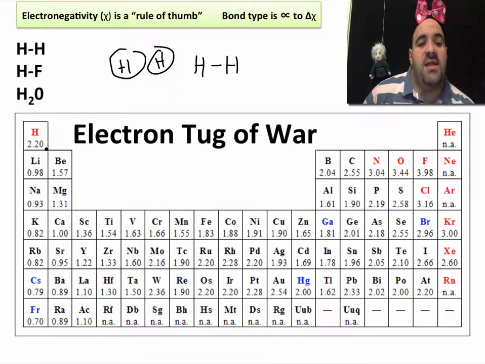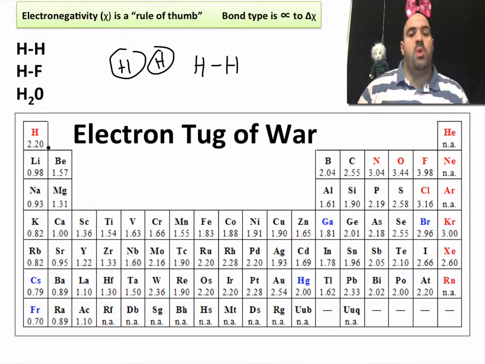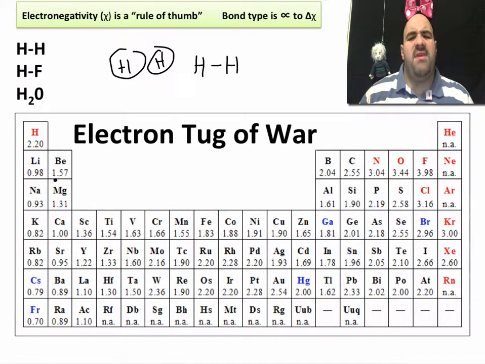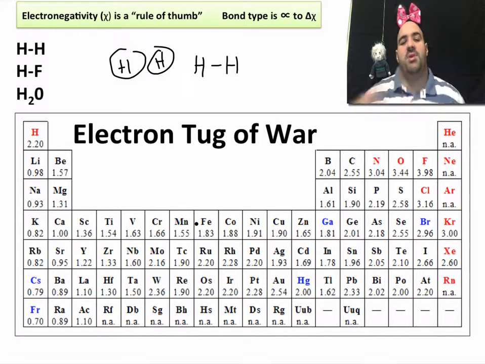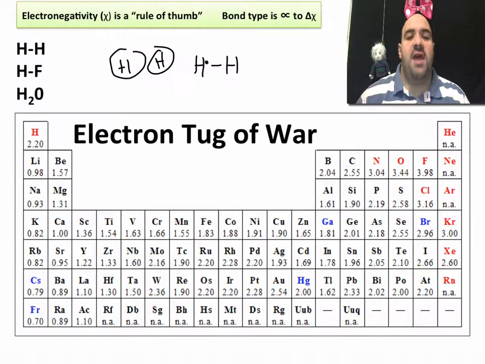Now, hydrogen has an electronegativity of 2.20. And we can think of these electronegativity numbers as how strongly they're pulling on the electrons. Each one of these hydrogen atoms is pulling on this shared electron pair with 2.20. Essentially, they're pulling with the same force on those electrons, so they're going to share them equally.